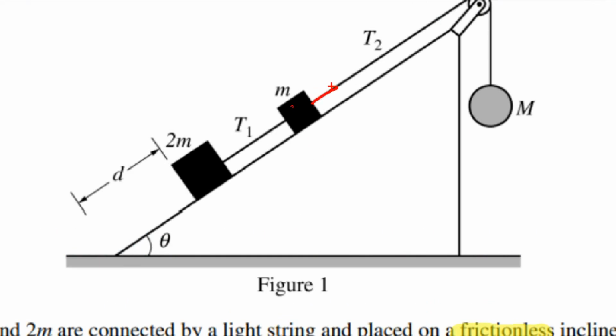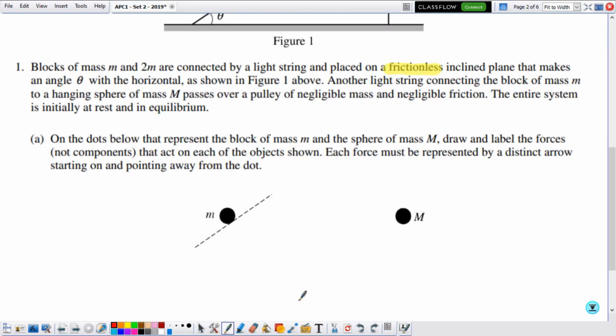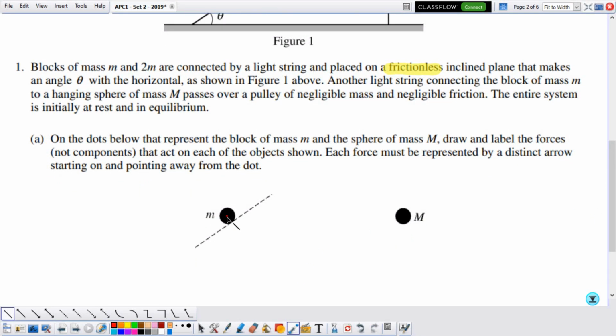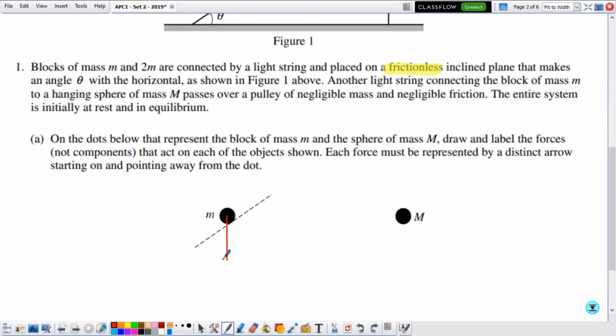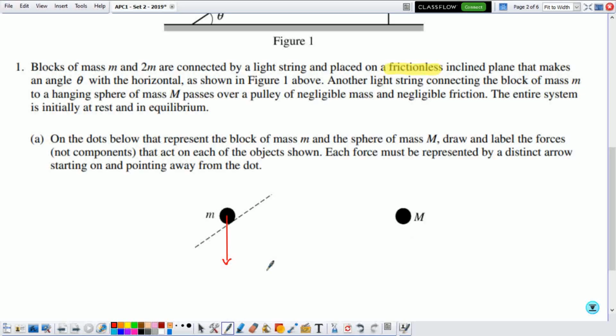We have the tension up, we have the tension down, we have the pull of gravity, and we have the normal force, normal push, no friction because friction is negligible. Then let me represent these forces. So we have the pull of gravity down, and instead of writing Fg, I'm going to say mg.